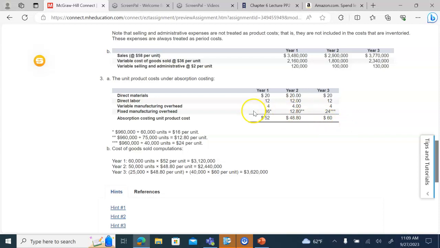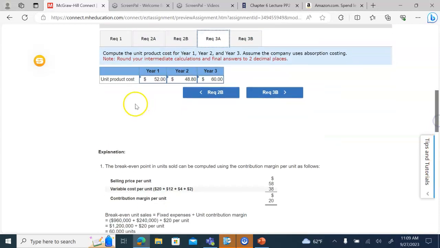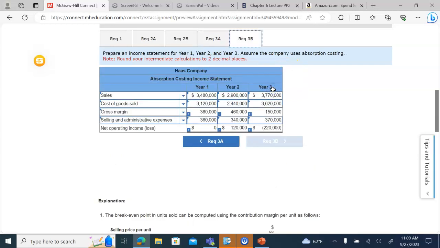So remember, under absorption costing, that fixed manufacturing is going to stay with some of the ending inventory until it's actually sold. So in year 1, if our cost of goods is 52 bucks, that would be our cost in year 1, our cost in year 2, and our cost in year 3, because that fixed is just divided by the amounts that were produced.